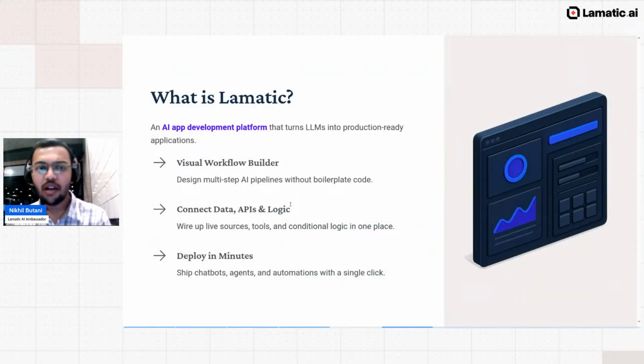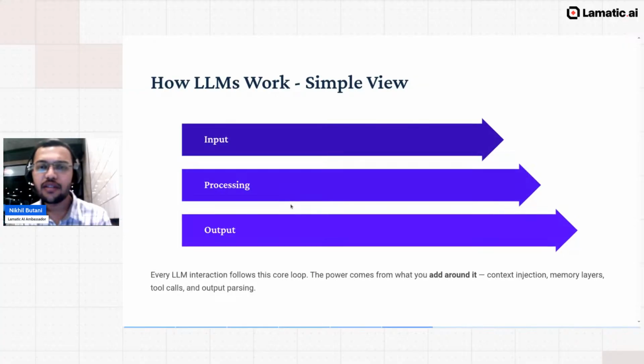Okay. Now, how does an LLM work? As I told, everyone knows about the LLM, right? If you enter any input, it does processing, and then after the execution time, you get the output.